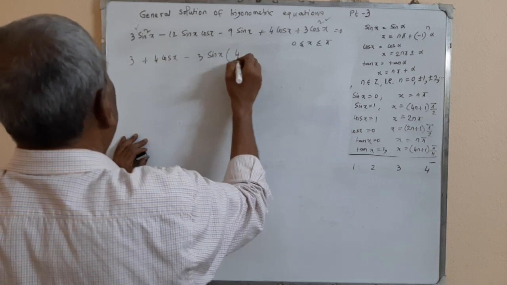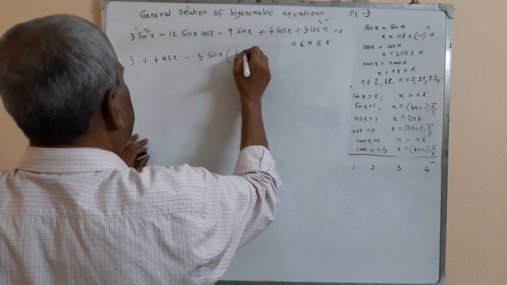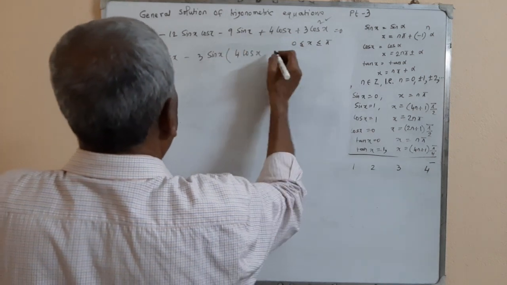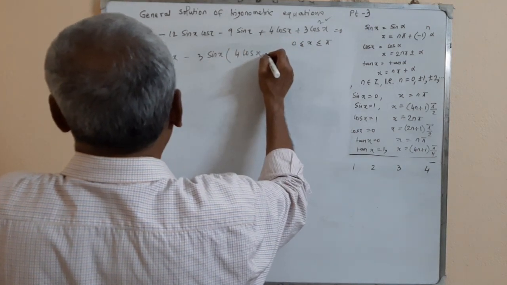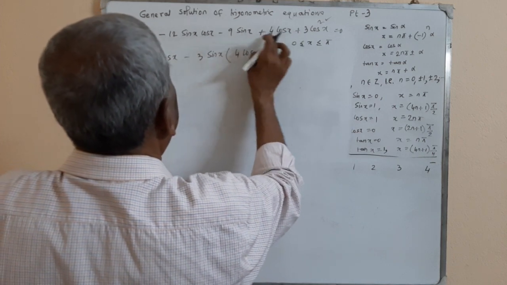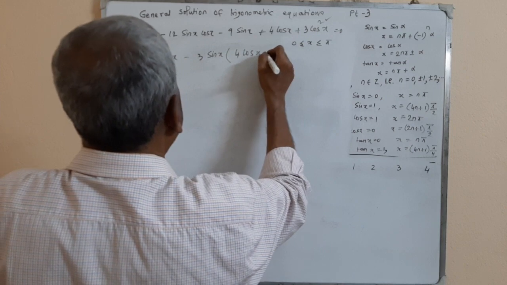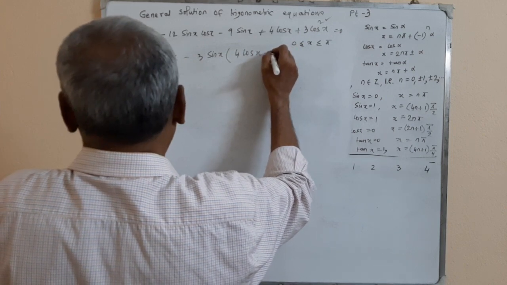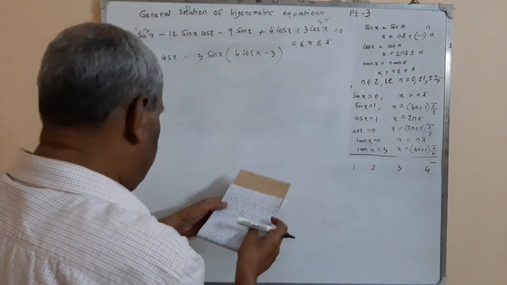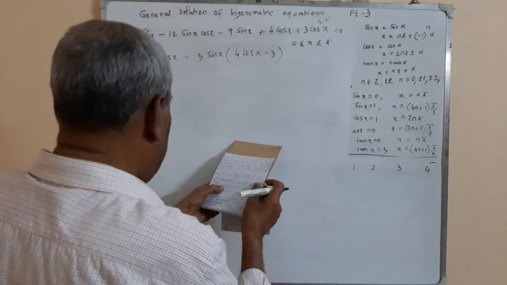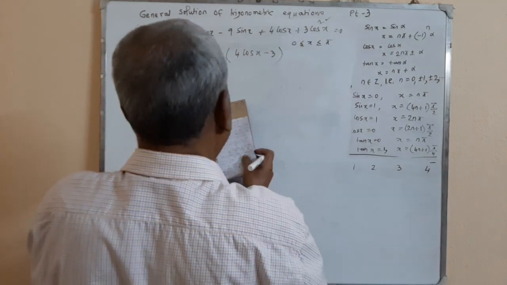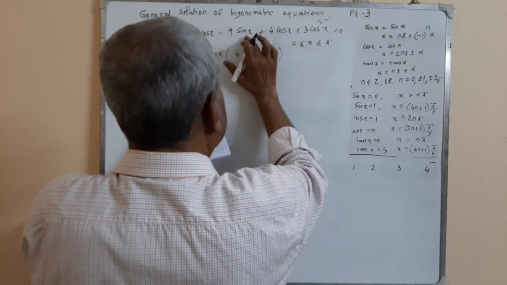So it is 4 cos x, 3 sin x minus, actually minus 12 plus 4 cos x plus 3 cos square x minus 9 sin x.